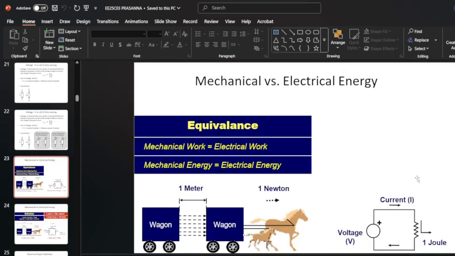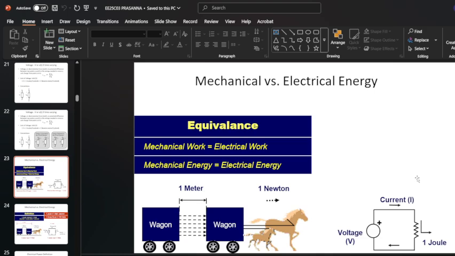Next we compare with mechanical energy. Consider one vehicle moved through 1 meter distance. So 1 newton of mechanical work is done, right? The electrical work is equivalent to mechanical work. Then simply we can say mechanical energy equals electrical energy. One voltage source is there. Now the current direction, what happened?